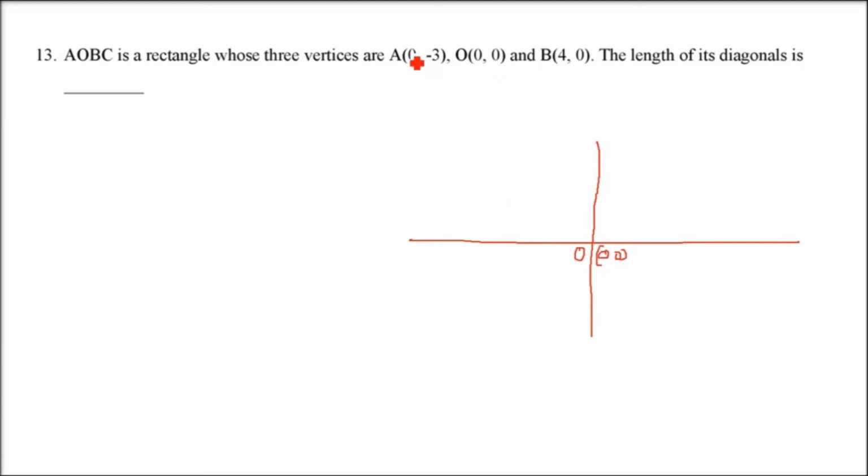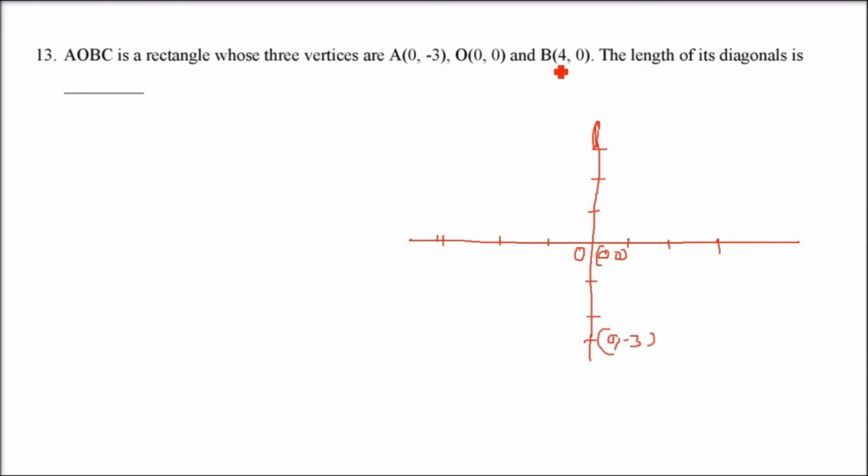So this is the origin, O. A is 0, minus 3, so x is 0, y is minus 3, on the negative y axis. Let me divide these into 3 parts. This is going to come in the 4th quadrant, as you can see.